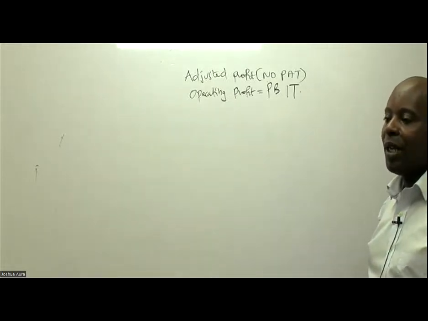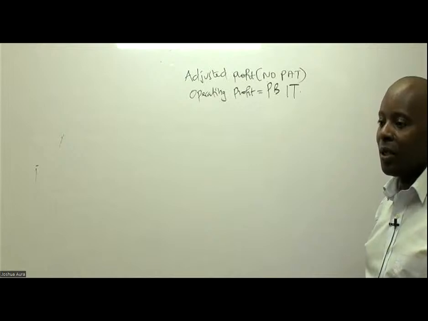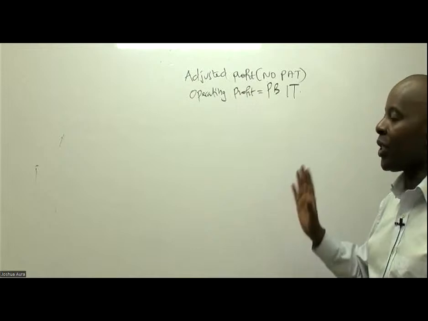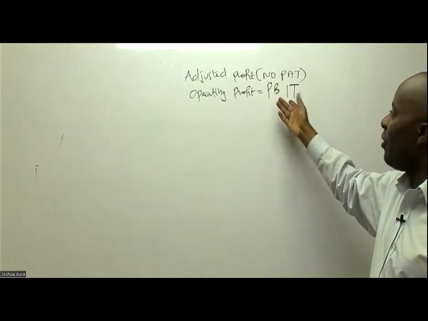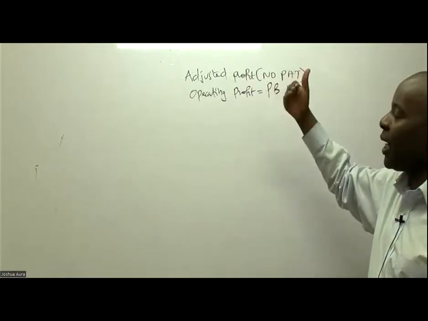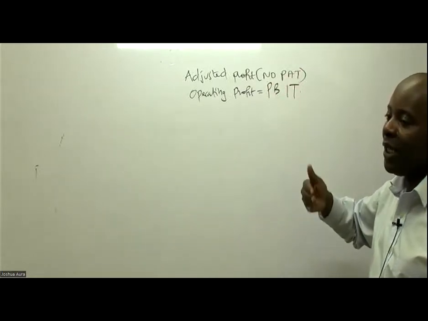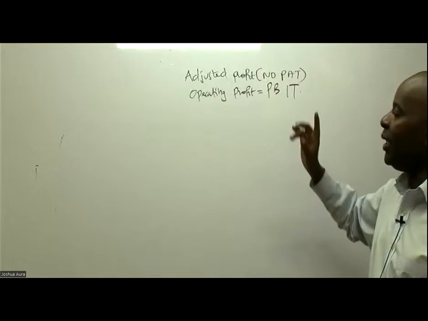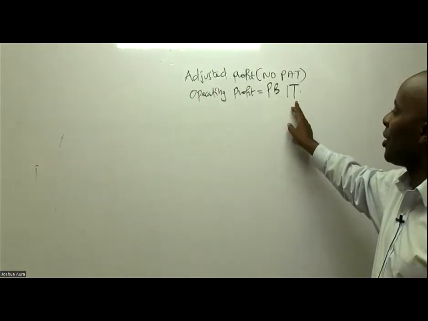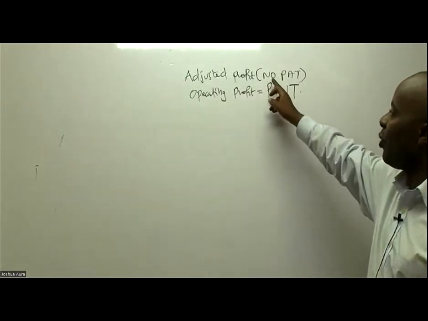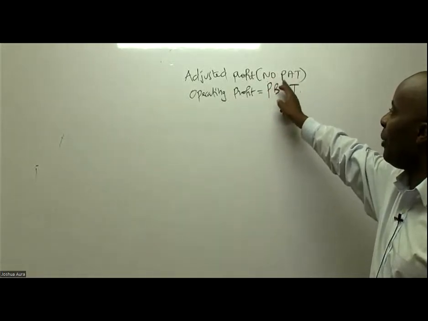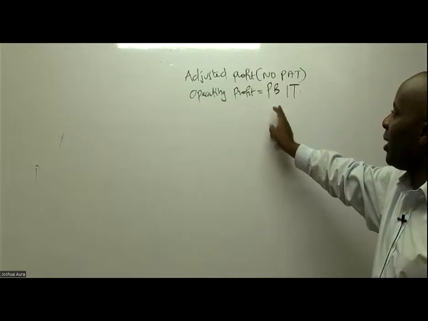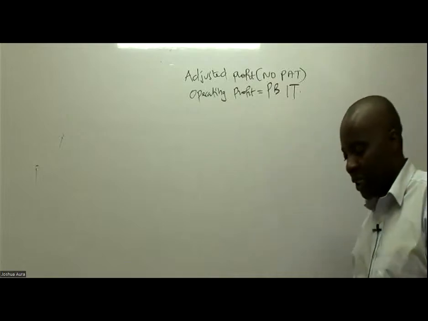What you're supposed to do to get this PBIT is very easy: just look at all the items affecting our profitability and leave out the interest and the tax. Later on, of course, you'll be required to adjust to get net operating profit after tax, where the tax aspect will come in as a deduction. Now listen to me very well.